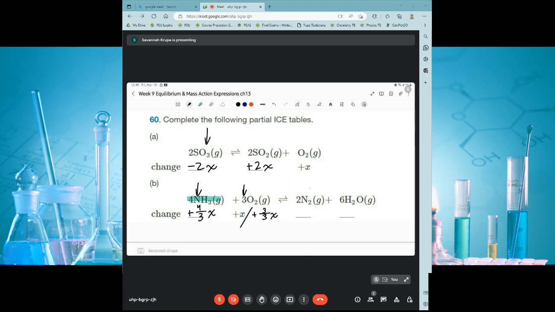And so now let's move on to the product side. We will lose minus 2, but because there is a 3 ratio happening here, we will need to divide it by 3, times x. And then for the water gas here, we will subtract, because it's going to be moving towards the reactant side of this problem, 6 divided by 3.